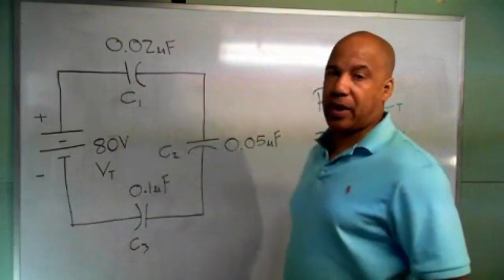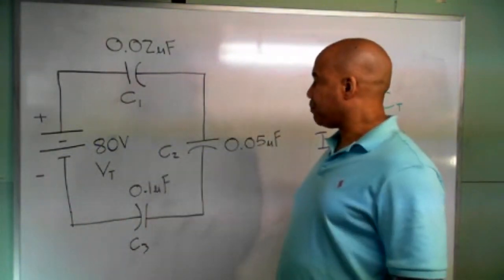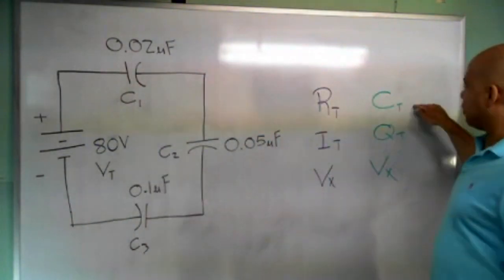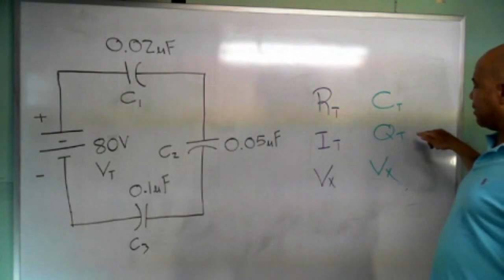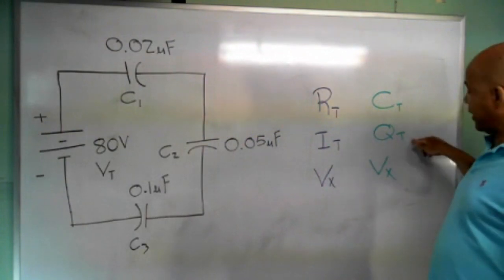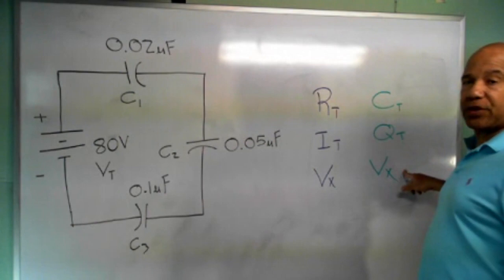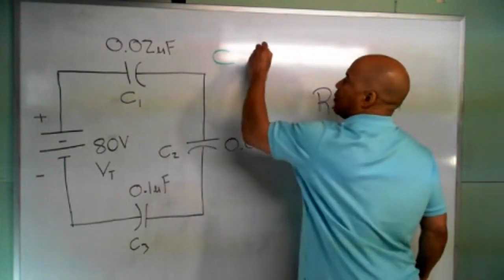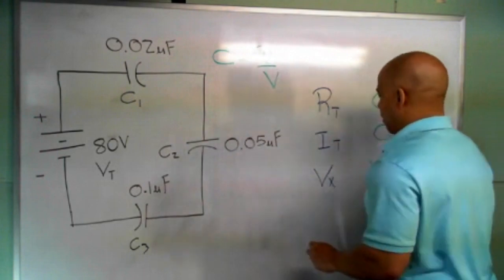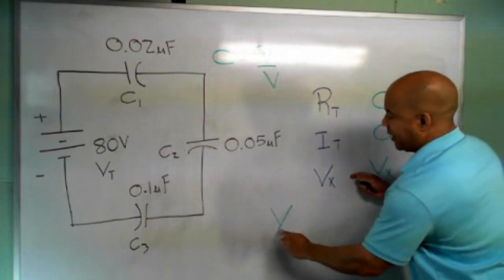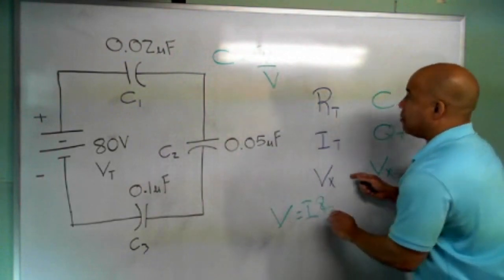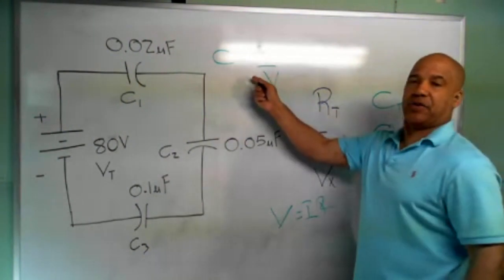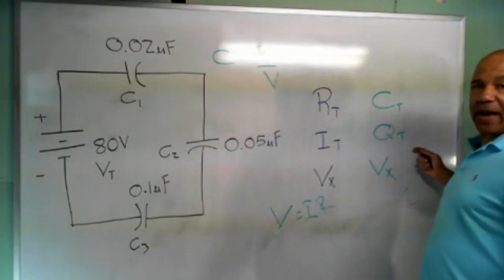That's exactly what we'll do here with the capacitors. So I'll find the total capacitance, I'll find the total charge, and then I'll find the voltage drop across each capacitor using C equals Q over V. If I have resistors, to get V it would be I times R. For capacitors, I would solve this for V and use this to get the voltage drops across each capacitor.